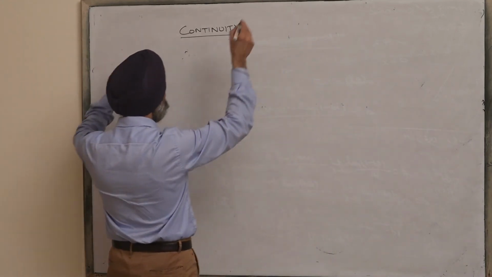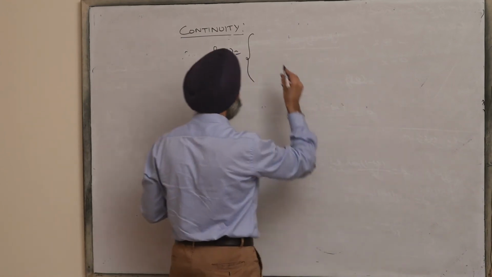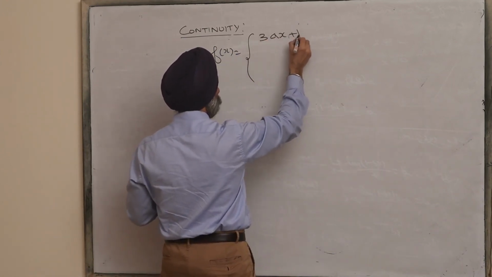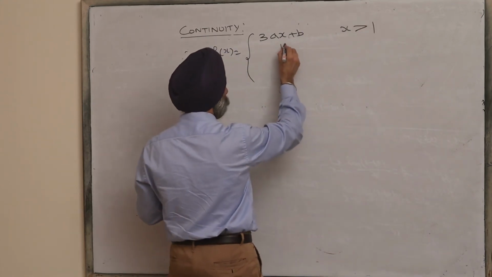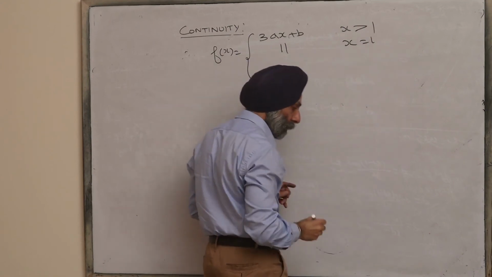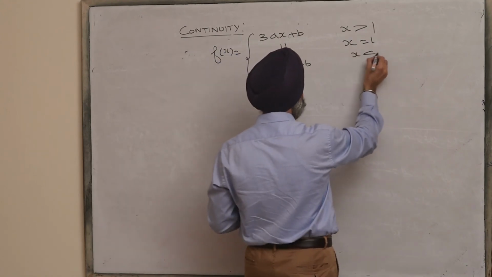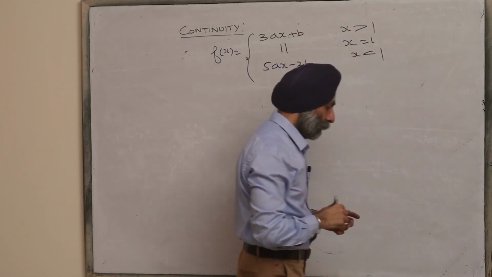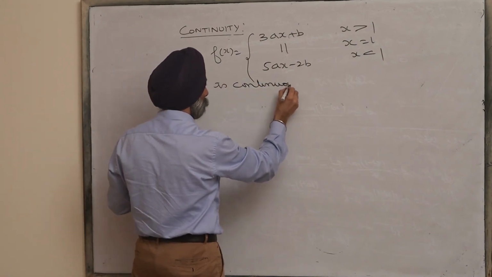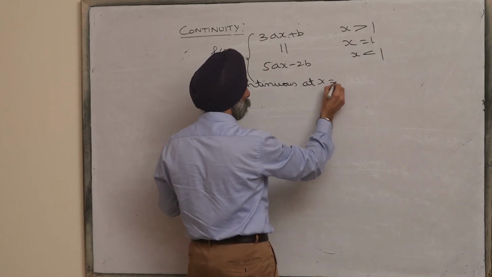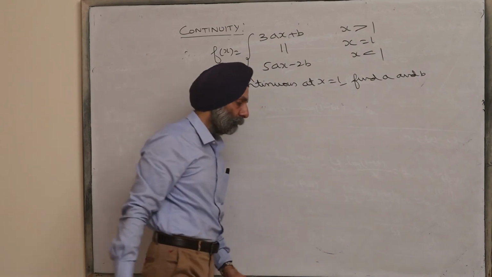Now similarly the next question is, we have f(x) equal to 3ax plus b for x greater than 1, it is 11 for x equal to 1, and 5ax minus 2b for x less than 1. It is given that it is continuous at x equal to 1, so we have to find a and b.